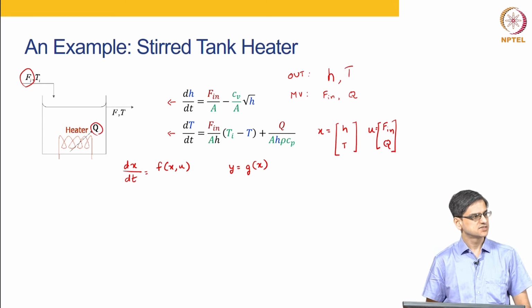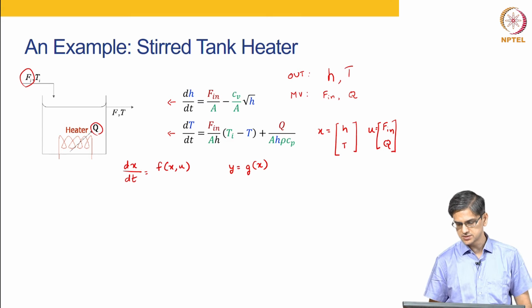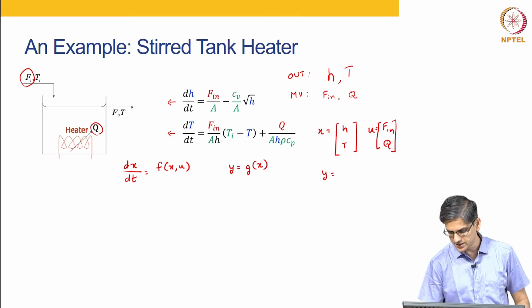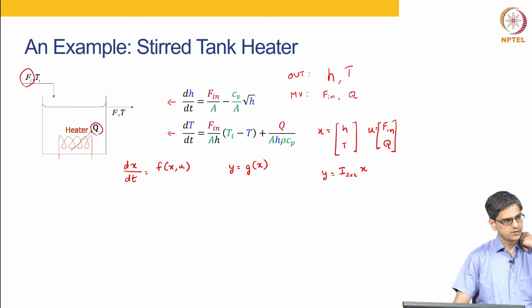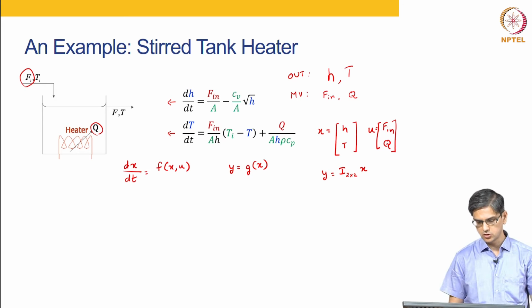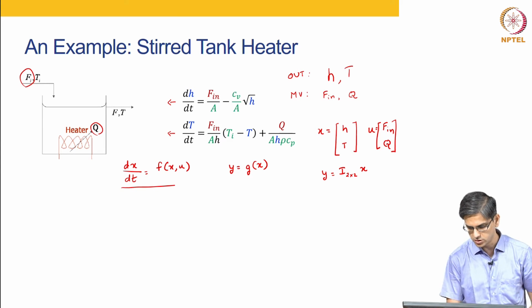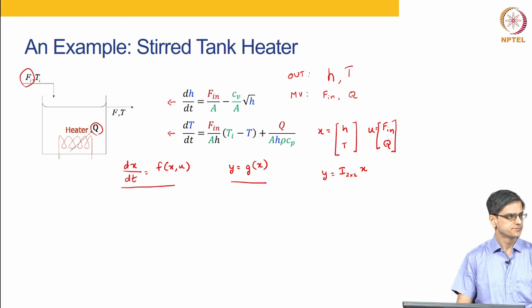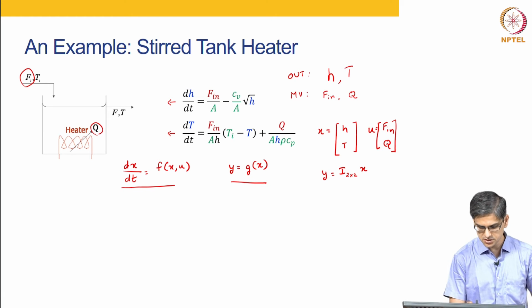In this particular example, y is equal to x. So, we will be able to write y equal to identity multiplied by x. So, this is the overall non-linear state space model, these two together. This is the state update that we talked about yesterday.